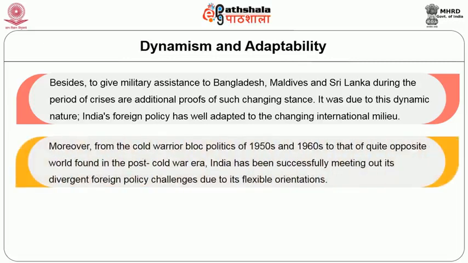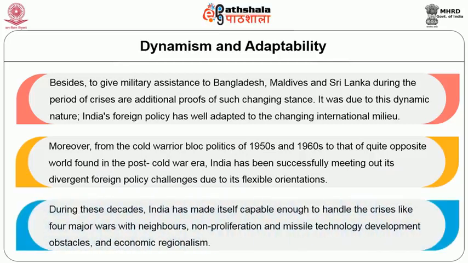Moreover, from the Cold War bloc politics of the 1950s and 1960s to the quite opposite world found in the post-Cold War era, India has been successfully meeting its divergent foreign policy challenges due to its flexible orientations. During these decades, India has made itself capable enough to handle crises like four major wars with neighbors, non-proliferation and missile technology development obstacles, and economic regionalism.